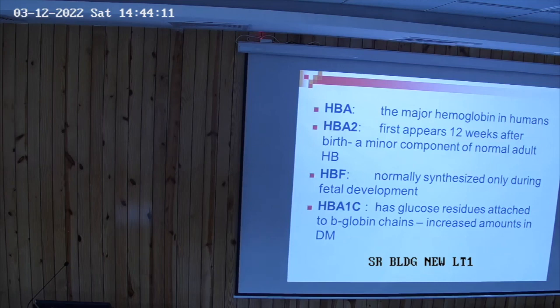Majority of the adult hemoglobin comprises alpha and beta chains. Fetal hemoglobin is normally synthesized only during fetal development. It has a strong affinity for oxygen because it has to take oxygen from the maternal circulation. Nature is created in such a way that fetal hemoglobin has a special affinity and the capacity to take oxygen from the maternal circulation.